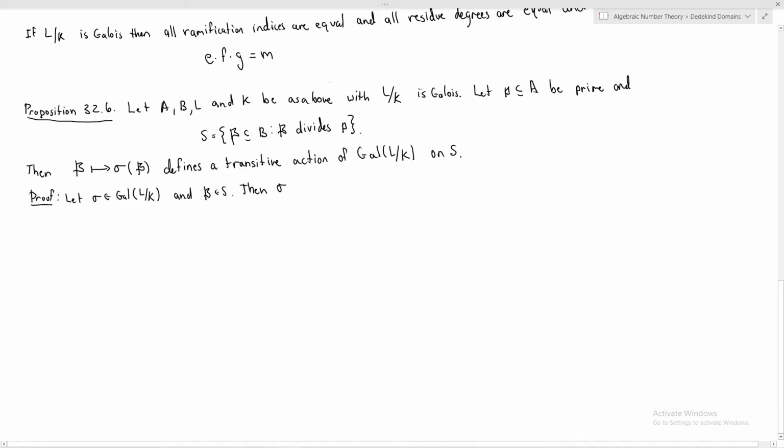So there's a slight issue with the way I've defined things here, which is that I need to know that sigma preserves B and A, which is probably not true for general Dedekind domains sitting inside these fields.